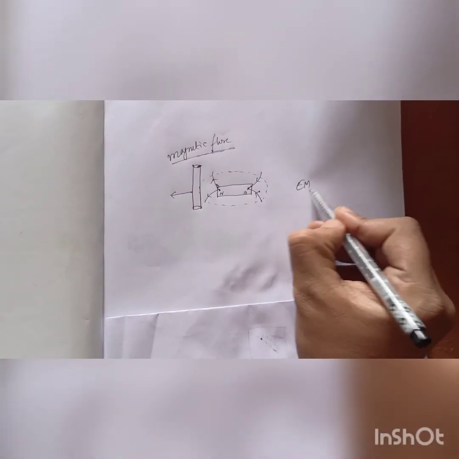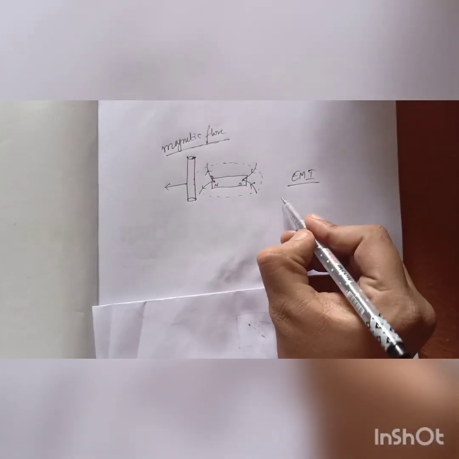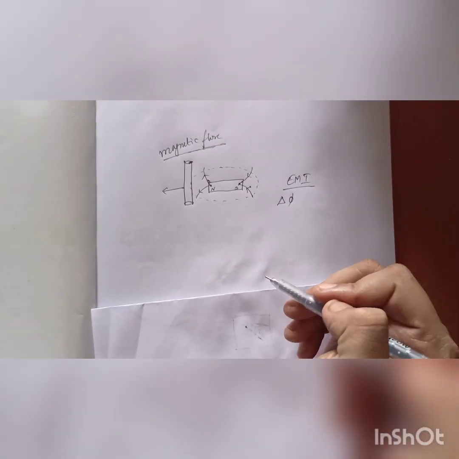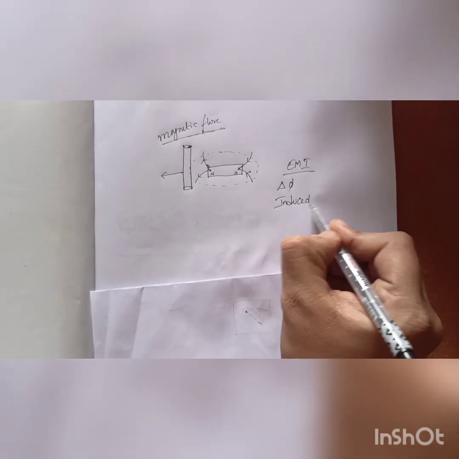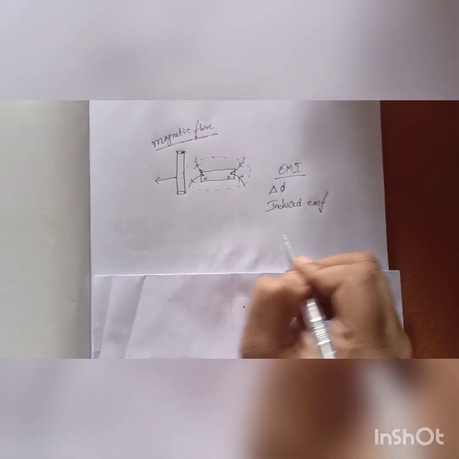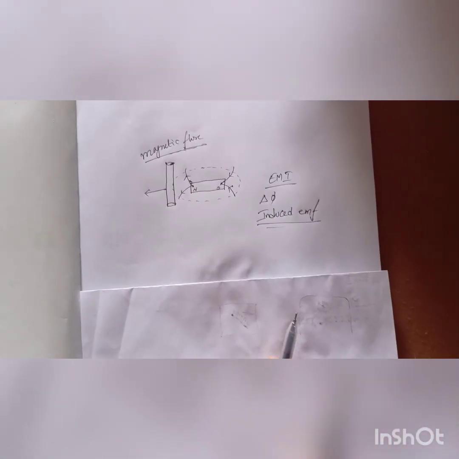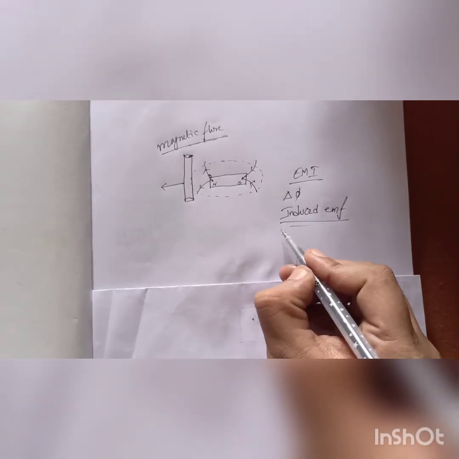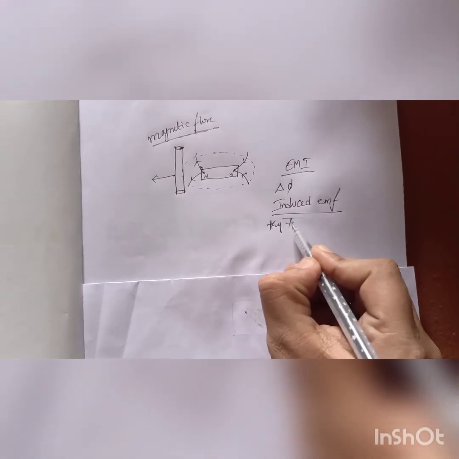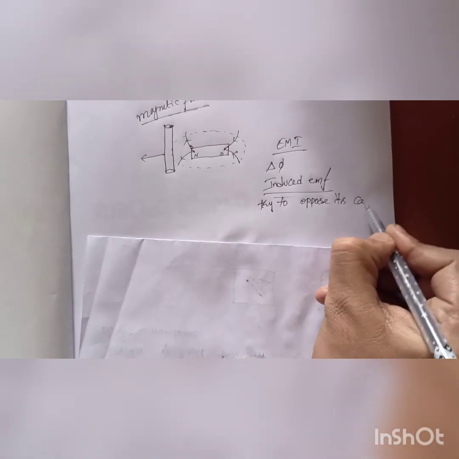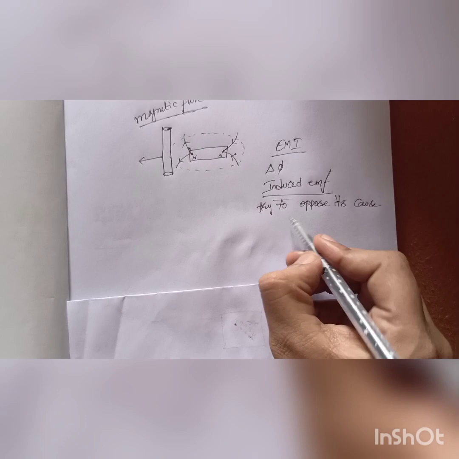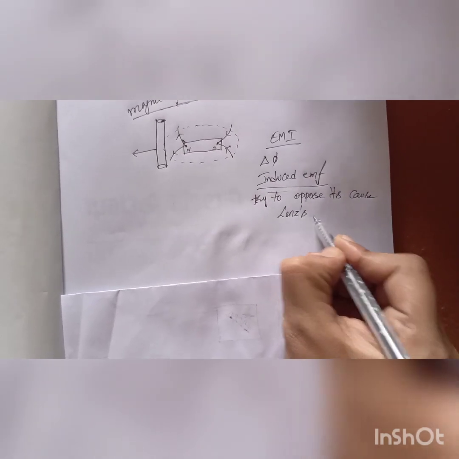According to electromagnetic induction, whenever there is some change in magnetic flux, that is delta phi, there will be some induced EMF. So EMF will be induced in the coil or conductor. That induced EMF will try to oppose its cause, which is mentioned as Lenz's law, right?